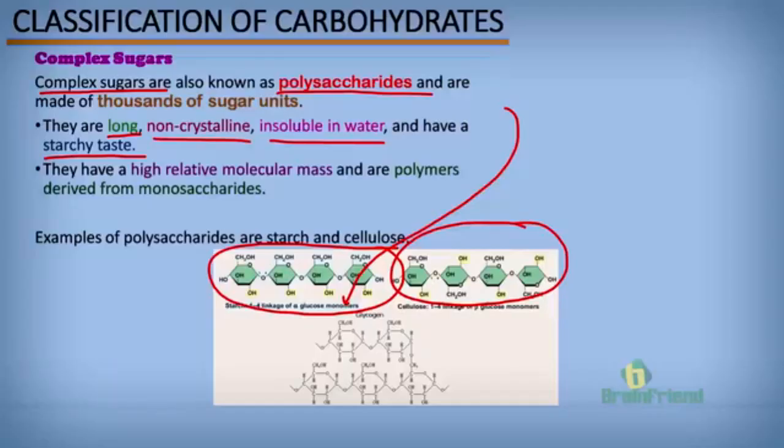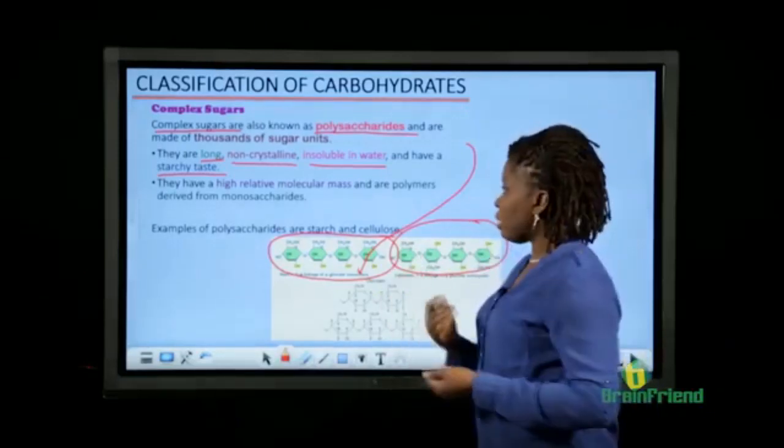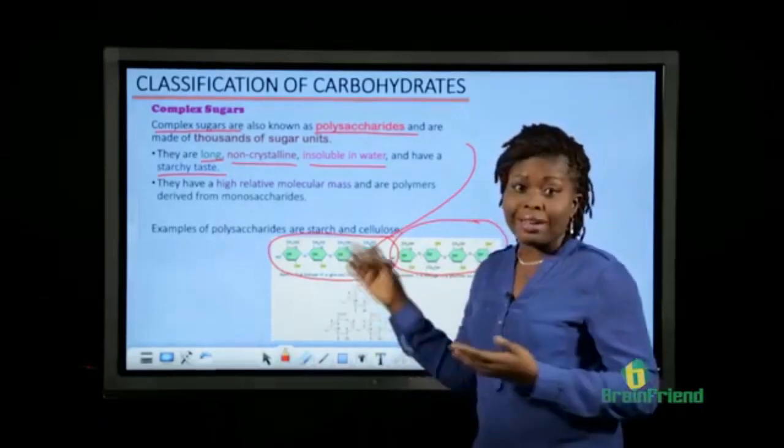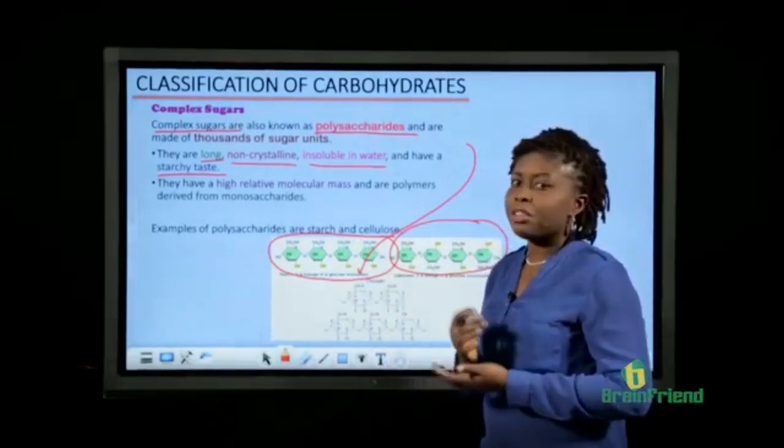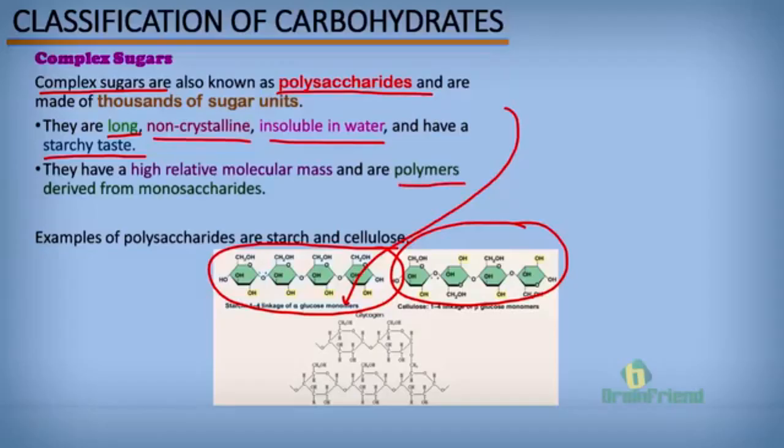But they are actually made up of several thousands of sugar units, and they are called complex sugars. They have a high relative molecular mass. Of course, because of their large size, they have a high relative molecular mass, and they are polymers derived from monosaccharides.